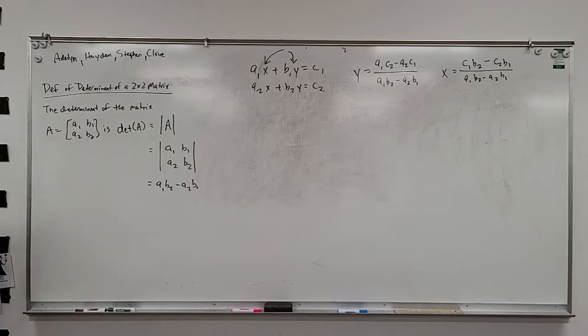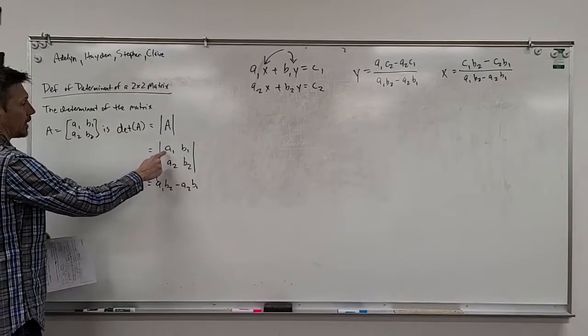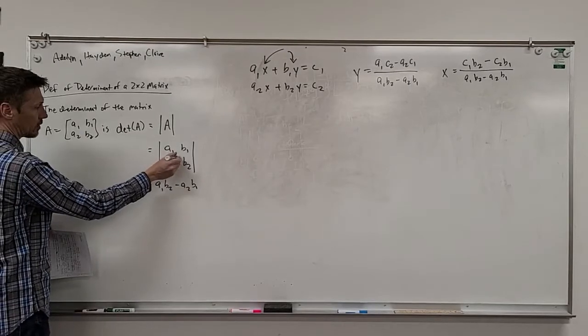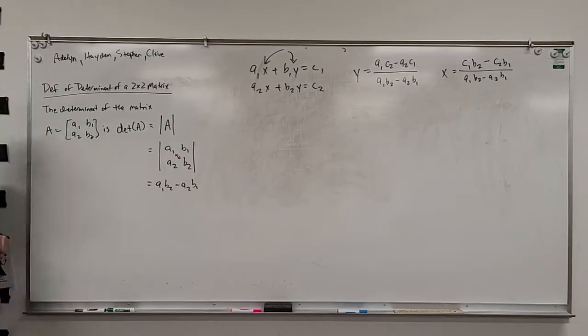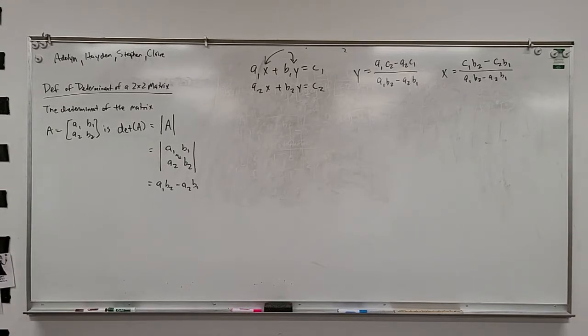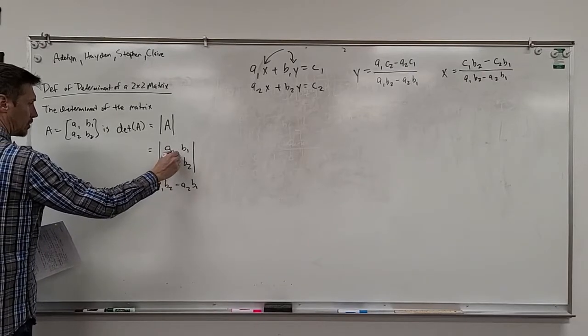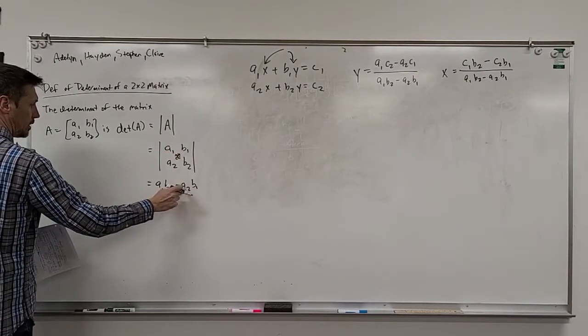And that's how we define the determinant. Notice what we're doing here. If we have this matrix here, and you're told to find the determinant of that matrix, then we basically multiply these. It's like cross multiplication, what it kind of looks like, but you're subtracting. So you multiply the A1 and the B2, and then you multiply this way, and you subtract that out.